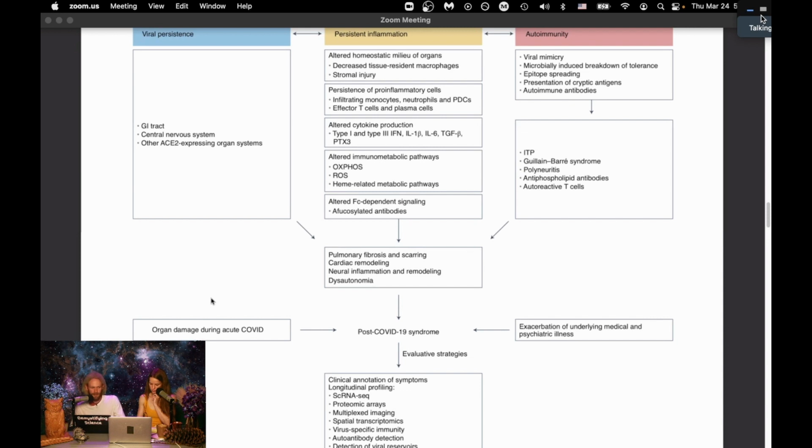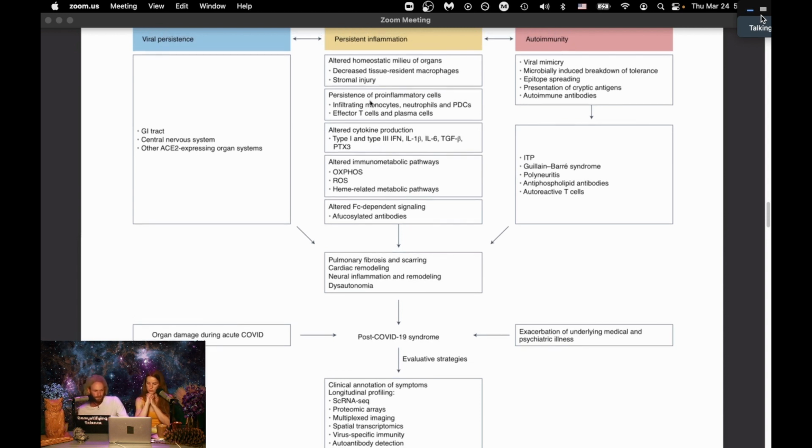Interestingly, the one that has the most concrete evidence towards it seems to be the persistent inflammation, because they're able to track altered cytokine production in these patients at long range. However, it seems like the data on that is rather conflicting. If we go to the body of the paper, or maybe it's in the other paper, there are studies that argue about whether these different factors go up or down depending on who they look at.